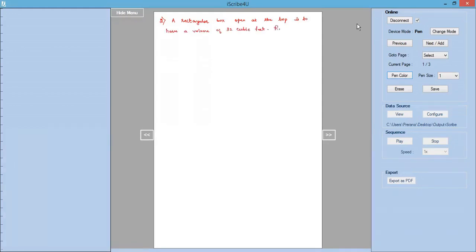Find its dimensions if the total surface area is minimum.